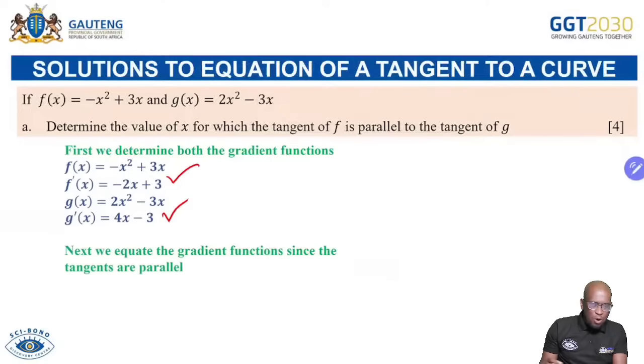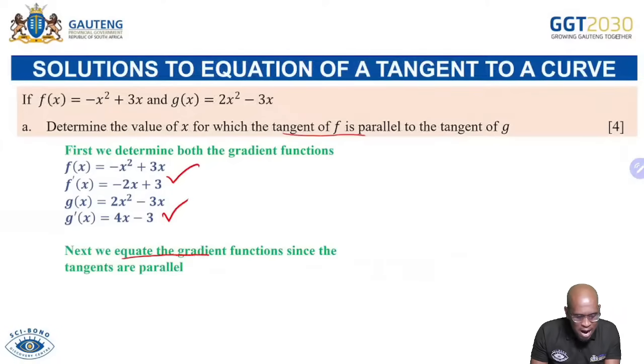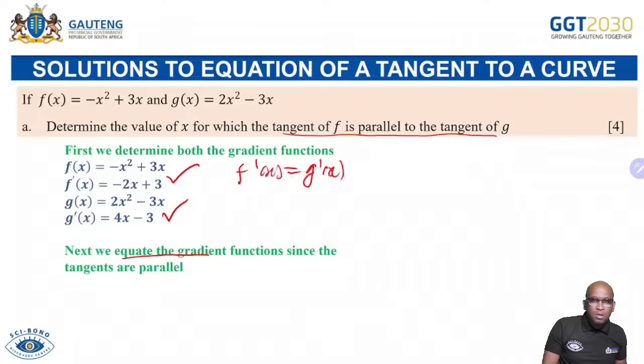Since the tangents are parallel, we equate f prime of x to g prime of x, because the gradients are equal.